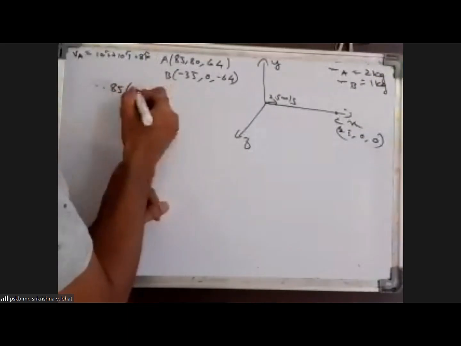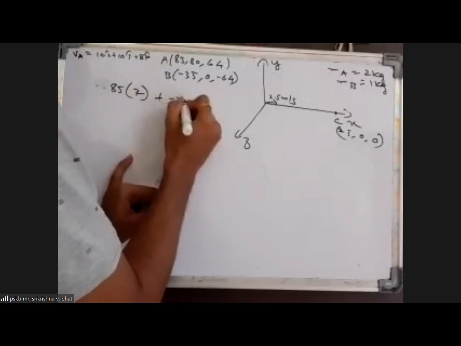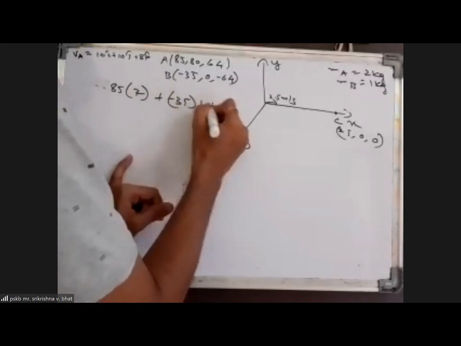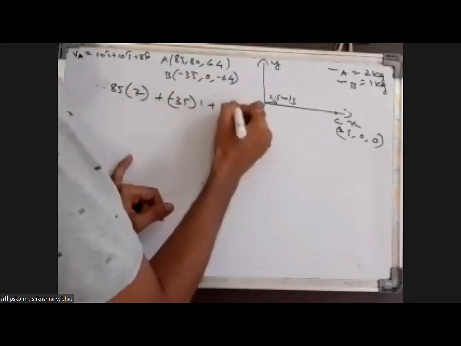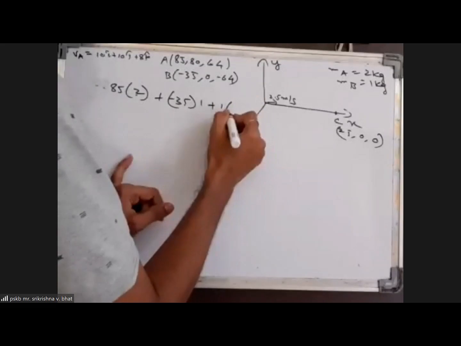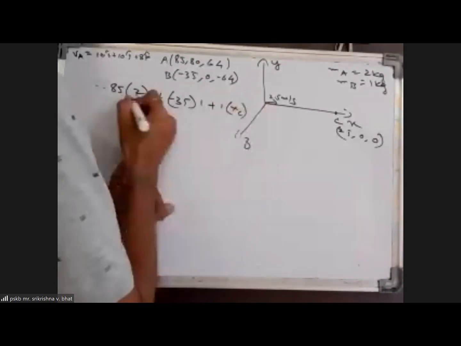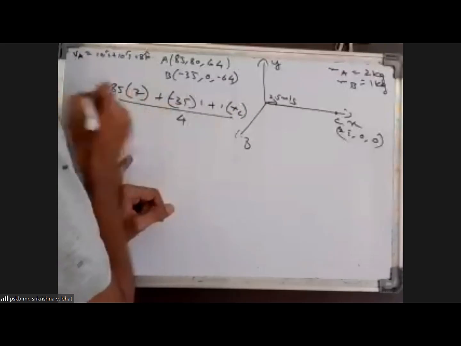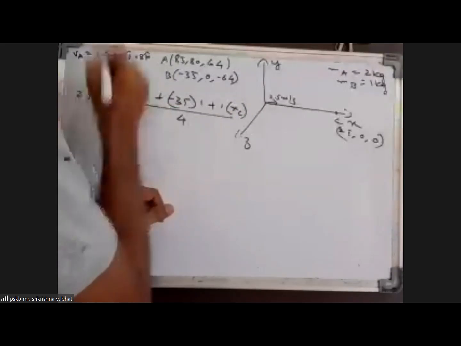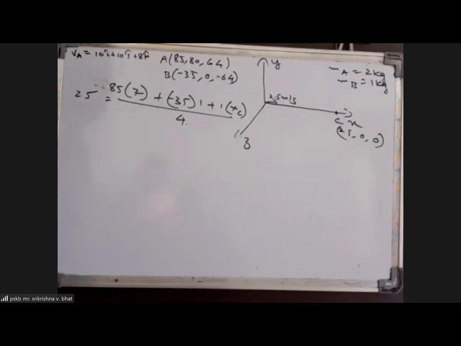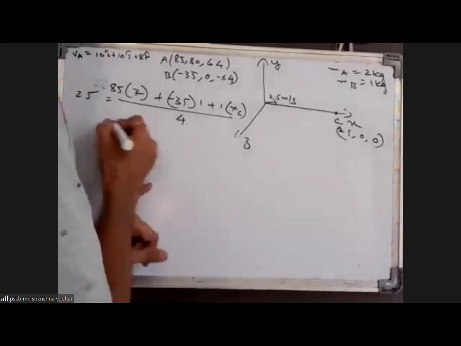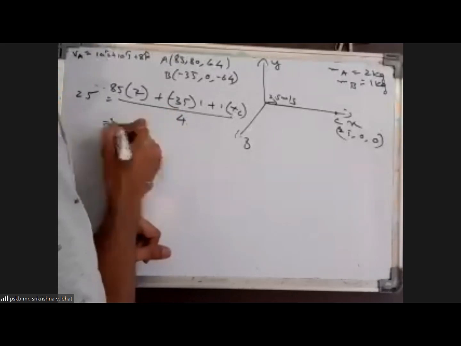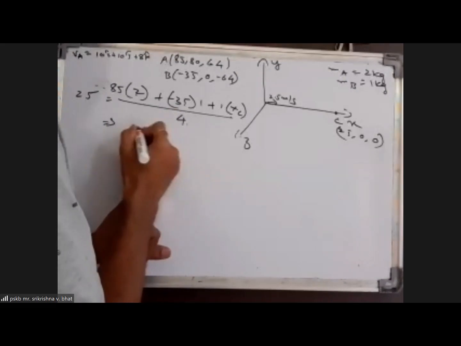So we get 85 into 2 and then minus 35 into 1, plus XC, divided by the total mass, equal to 25. The x coordinate of the center of mass is 25. Using this, we can find XC. The coordinates we will get are minus 30, 35, minus 35.